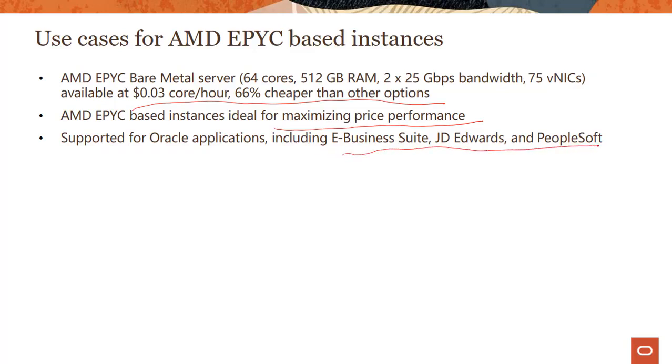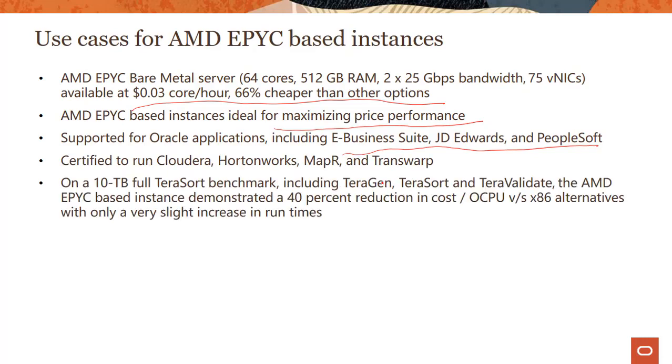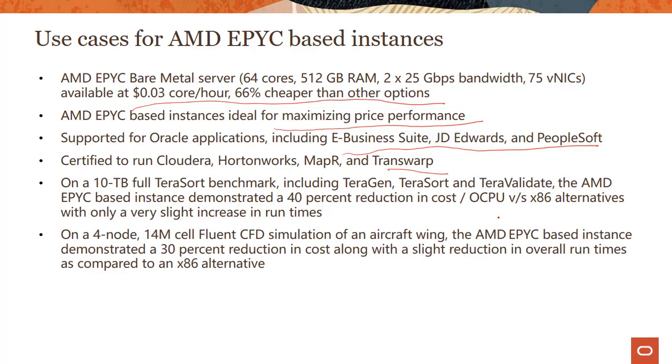All our apps are certified to run on AMD, so you can definitely run those. And then there are various scenarios like big data, etc., where you can run the AMD instances, and you can see some numbers here for different scenarios, big data, HPC, computational fluid dynamics, where you can test some of these numbers and see it really is in that price performance realm.